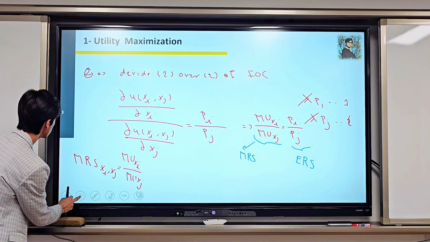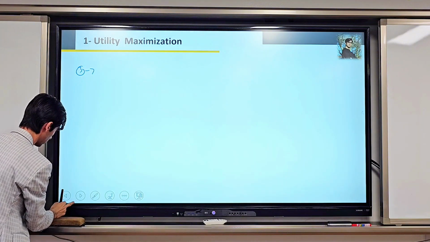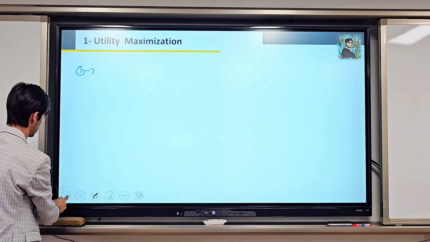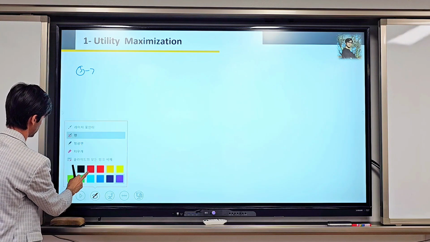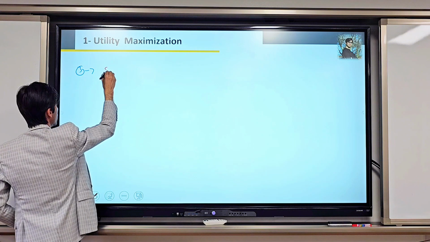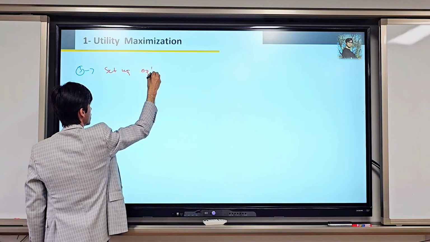So then, the third step was this one, to set up the optimization condition.